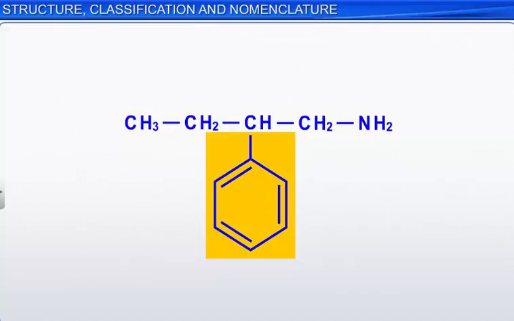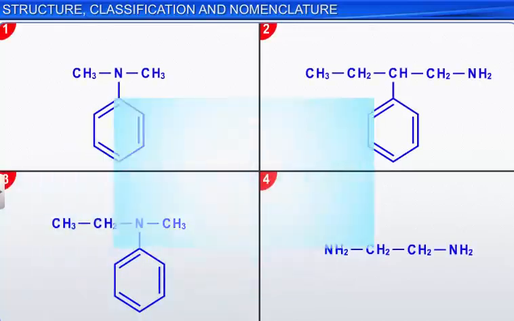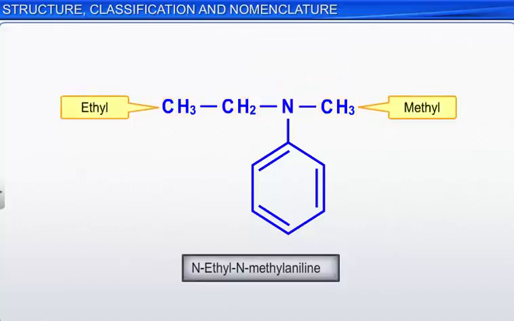Therefore, the compound can be named 2-phenyl-butan-1-amine. In the third structure, an amine group is present on the benzene ring and alkyl groups are present as side chains. Hence, it can be named N-ethyl-N-methyl-aniline.